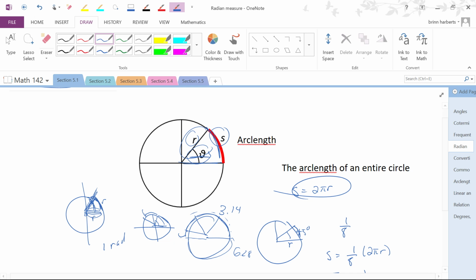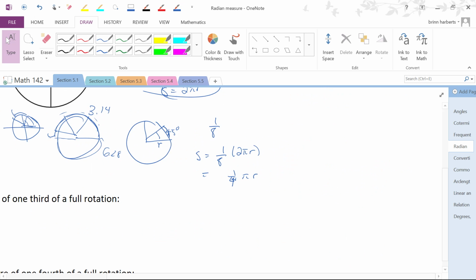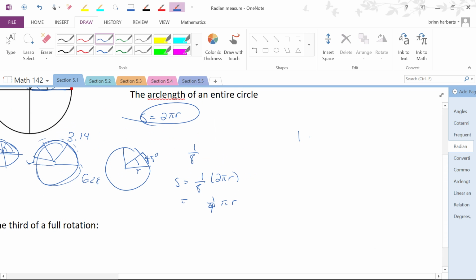Okay. So a radian is defined to be the angle where the arc length equals the radius.